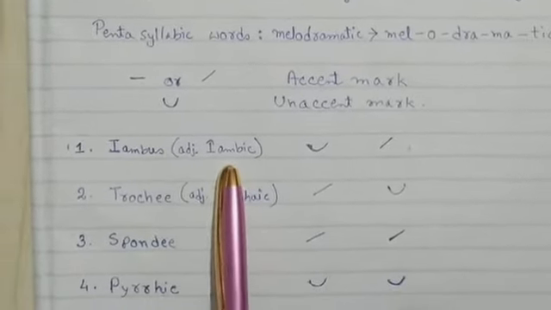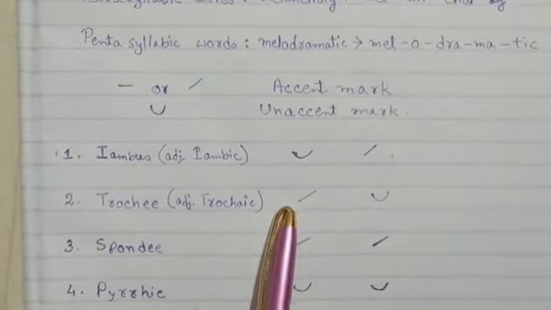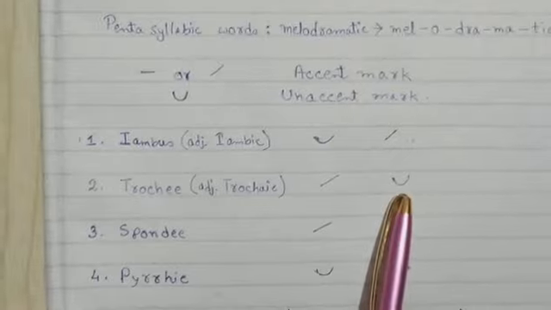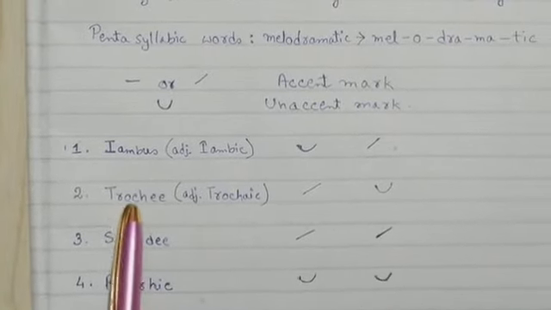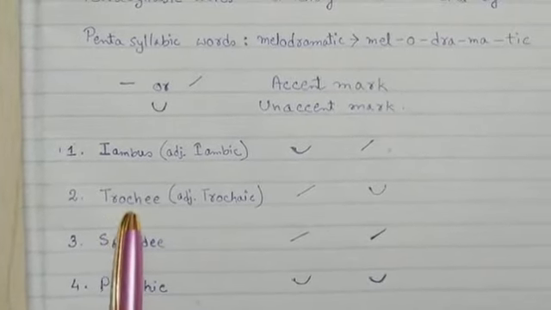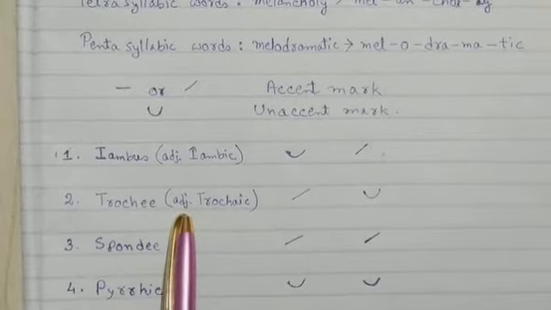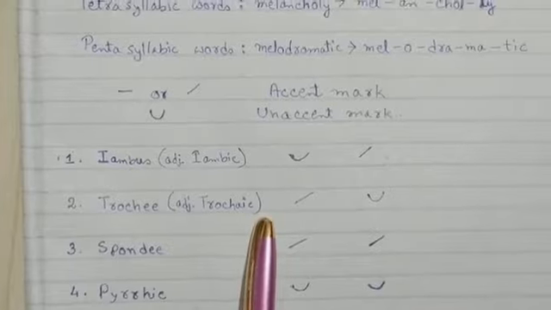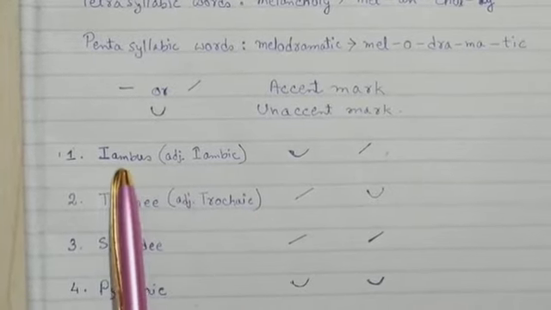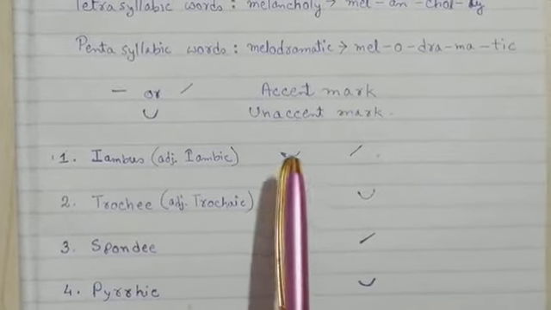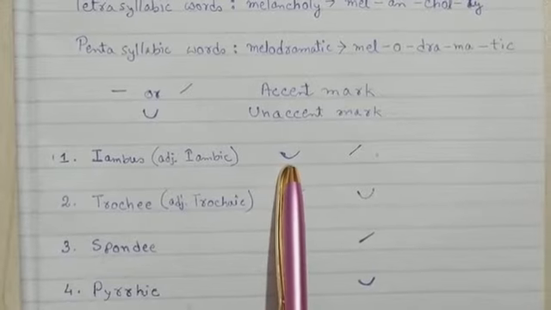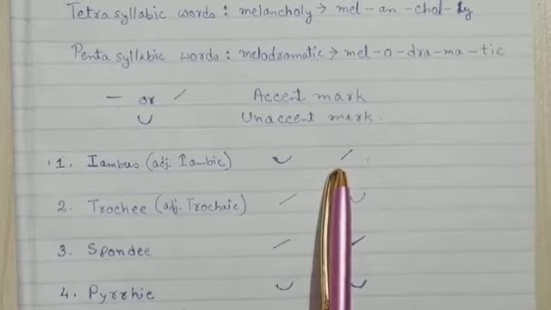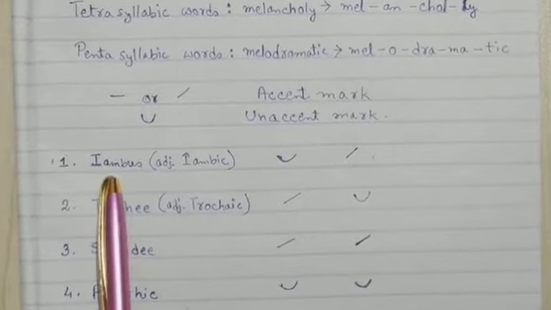Similarly, if the first syllable is accented and the second syllable is unaccented, then it will be called trochee. The adjective of trochee is trochaic. Okay, so the first one, what I have said, if the first syllable is unaccented and it is followed by a syllable which is accented, then it is iambus.